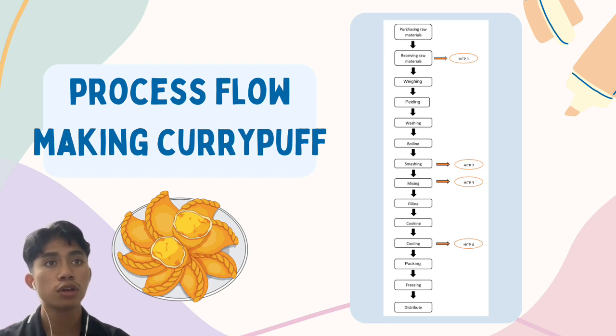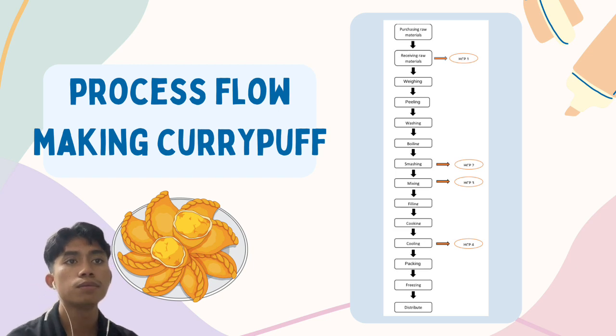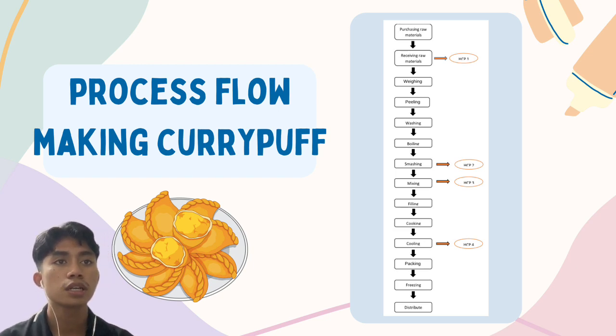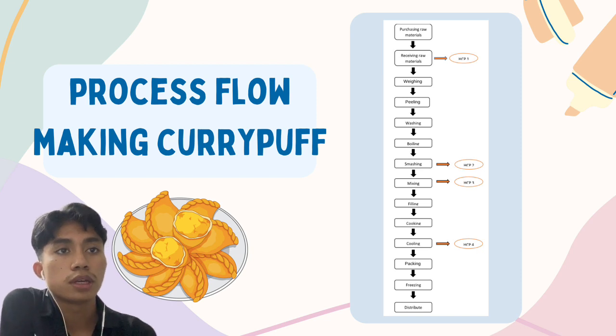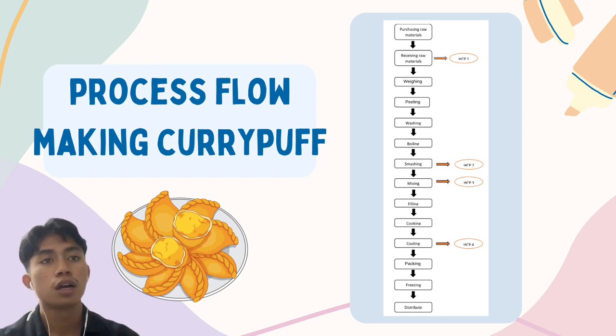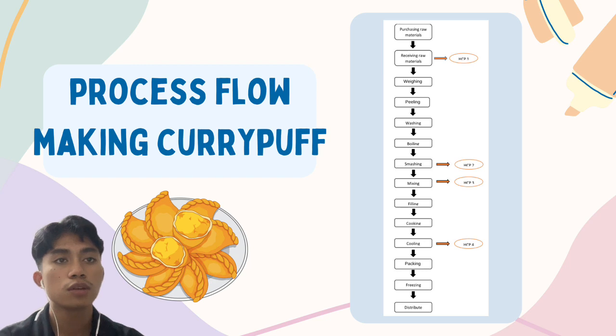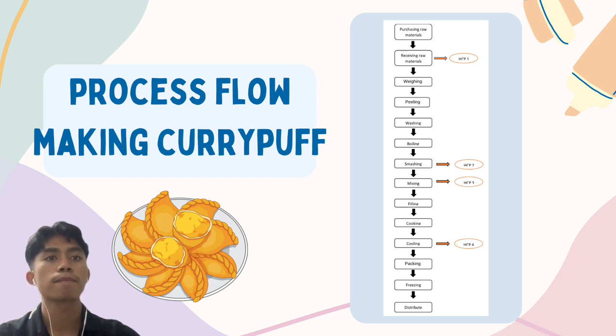After that, we need to boil and smash, followed by mixing and filling. After that, we can cook our raw materials to make curry puff. After cooking, we need to rest it and cool it.